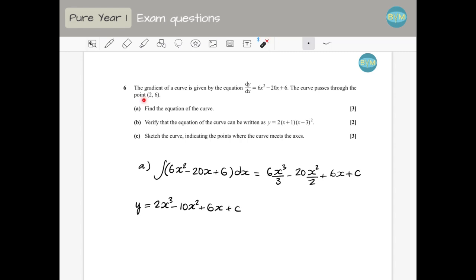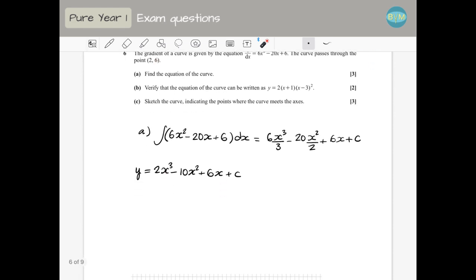They are giving us this information to be able to find c, the constant of integration. So I'm going to substitute x by 2 and make it equal to y, which is 6, and that way I'll find c. So 6 is 2 times 2 cubed minus 10 times 2 squared plus 6 times 2 plus c.